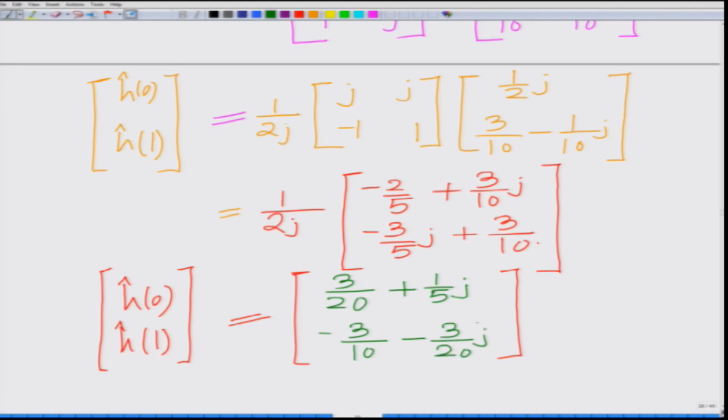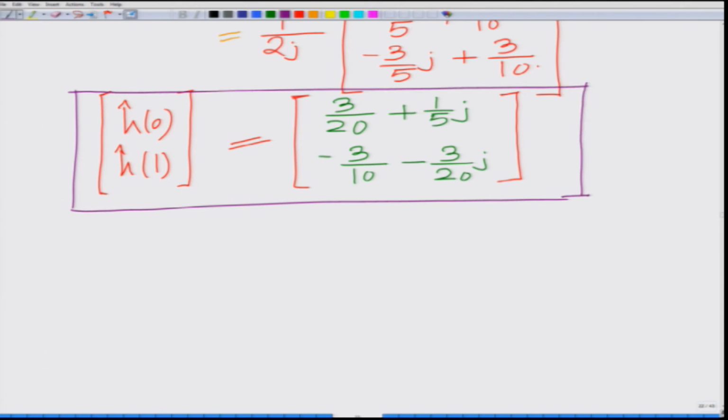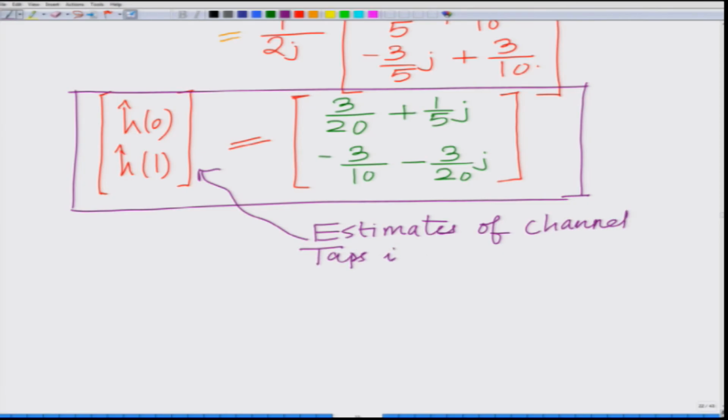So, these are your estimates of the channel taps in the time domain.